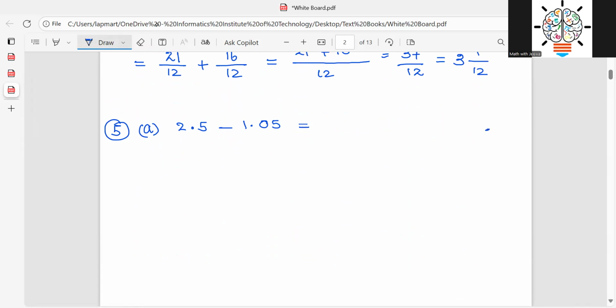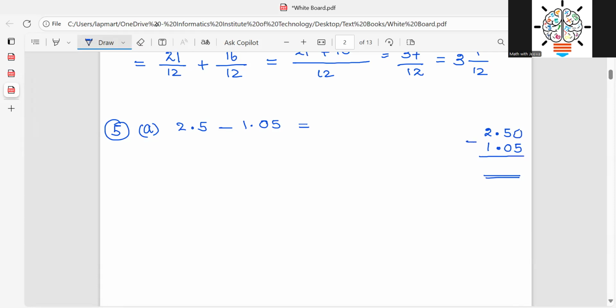So then what I do, I write 2.5 here and 1.05 here, and you just see how I wrote the decimal places and the digits, right? The first 2.5 is with 1 decimal place, but 1.05 is with 2 decimal places, and see how I have placed each and every digit, and I want to subtract this.